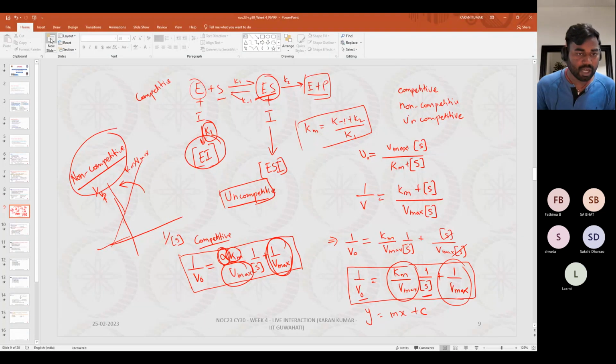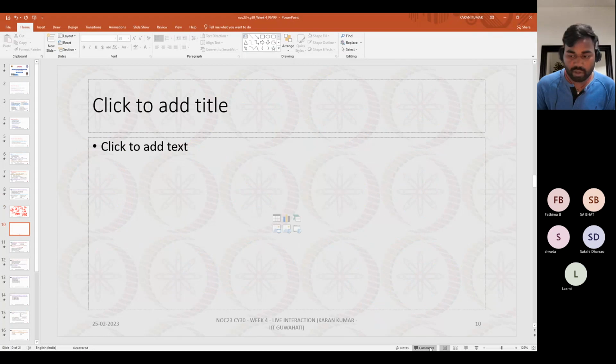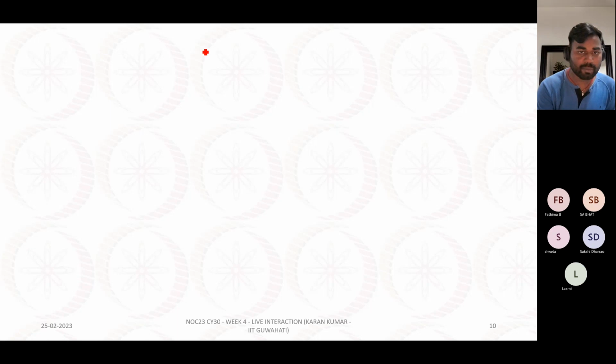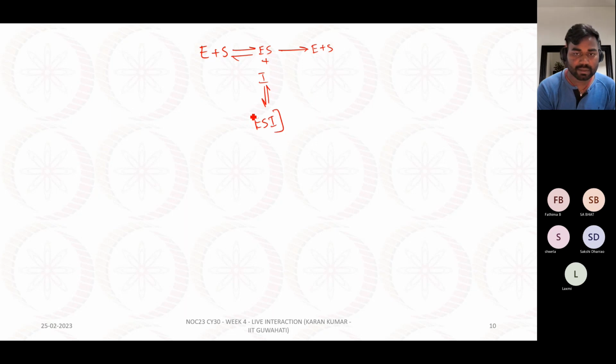However, in case of non-competitive inhibitor, now let us assume the non-competitive inhibitor. So non-competitive inhibitor is acting at the enzyme substrate complex level, and it will form the enzyme substrate inhibitor complex, right?